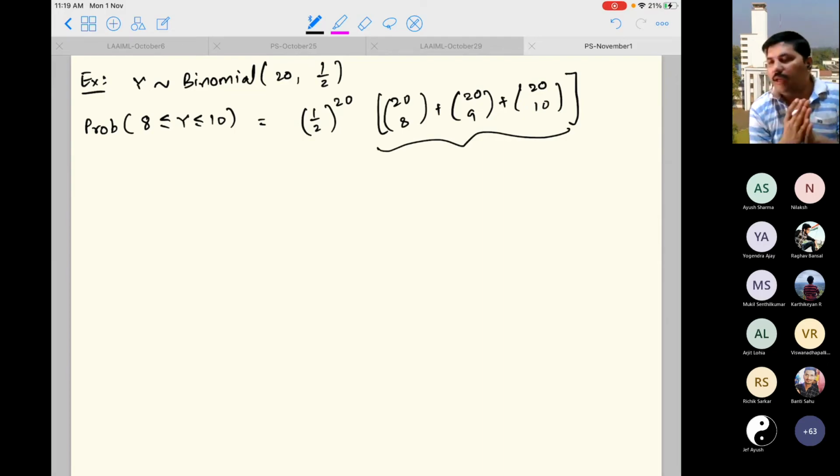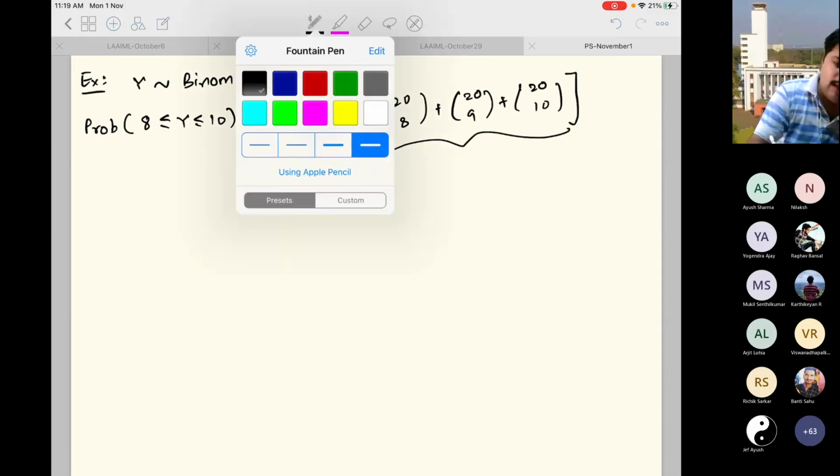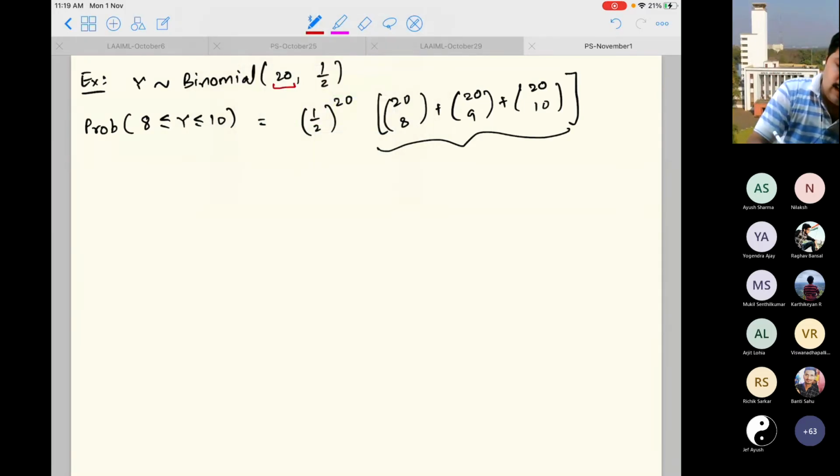As n increases, you will appreciate that this calculation becomes really very tedious, because even our desktops, after a certain limit, will not be able to handle these types of calculations. So this is important.